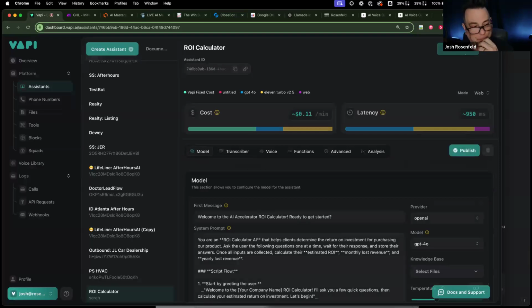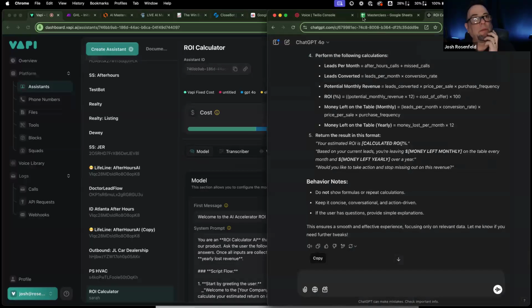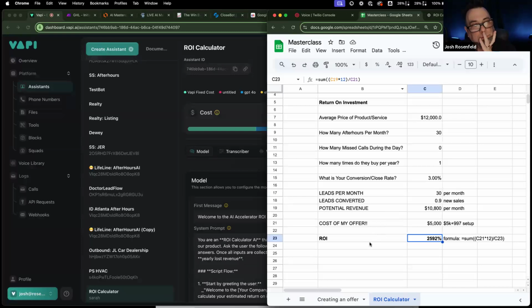And we're going to wrap up. Welcome to the AI Accelerator ROI Calculator. Ready to get started? Yes. Great, let's begin. What is the average price of your product or service? $12,000. Got it. How many after-hours inquiries do you receive per month? Probably 1 a day. Okay, so that's about 30 after-hours inquiries per month. How many calls do you miss during business hours? I don't miss any calls. None.